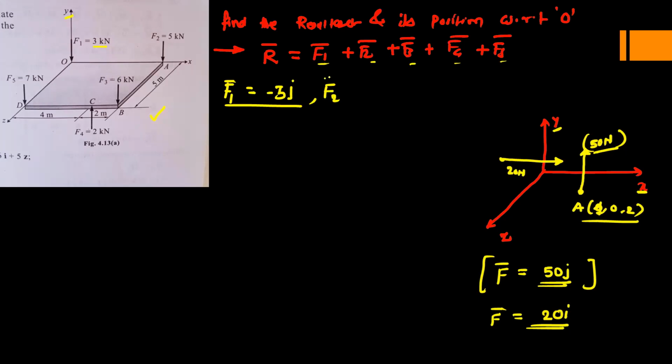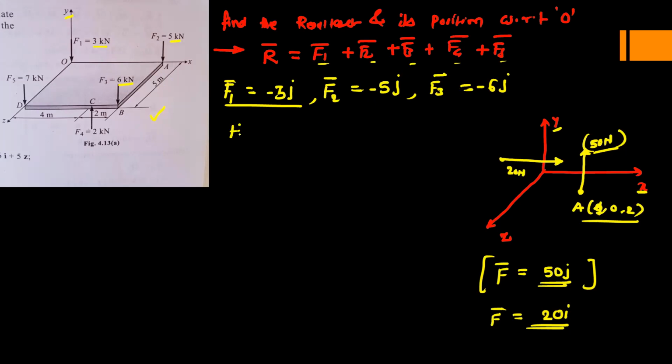Same for F2. So F2 bar is equal to 5 kilonewton into unit vector along y direction. So it is 5j, and it is in the negative y direction. So it is -5j. Then F3 bar is equal to 6 unit vector j, and it is negative.